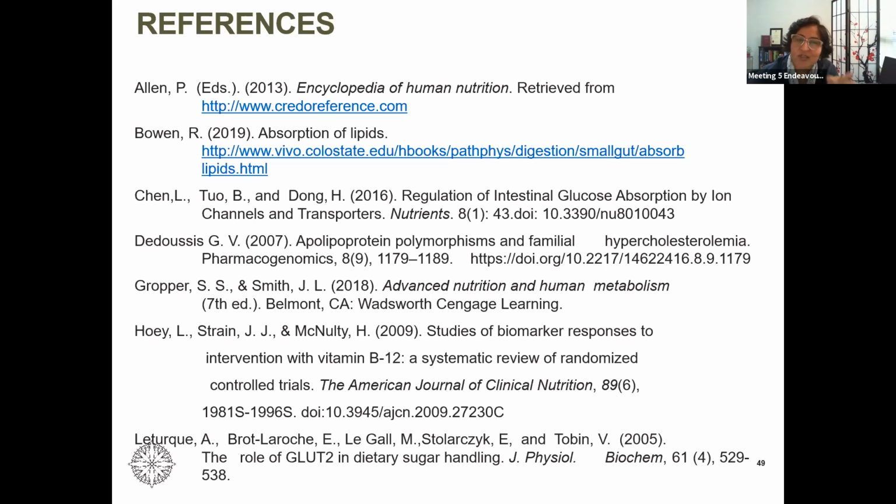For the coming 2 sessions, there are a few readings because we will now be touching on all the water-soluble vitamins and all the fat-soluble vitamins. So I have put some pre-lecture reading material on the LMS because I want you all to be aware of the good food sources and deficiency symptoms of these nutrients. So go through that and then make your own table as well so that you can use it when you go to the clinic. Okay.